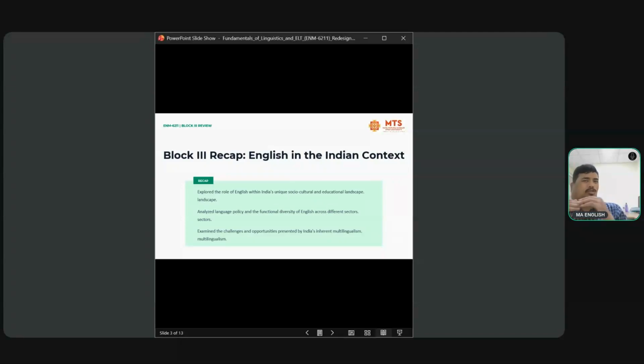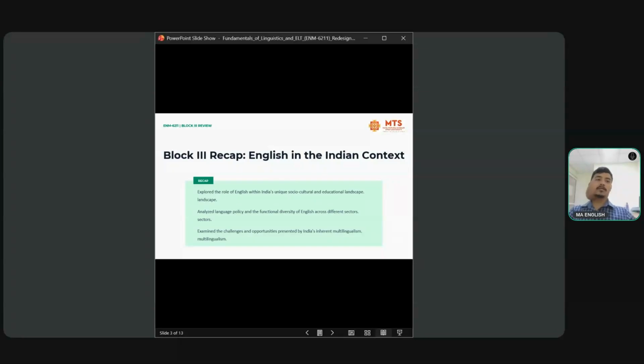So, block three gave us the context. Block four now gives us the action. It will tell us how ELT should be planned, delivered, and evaluated within this complex context.